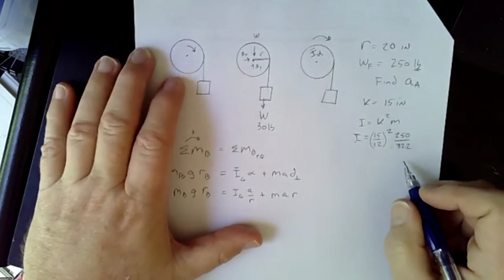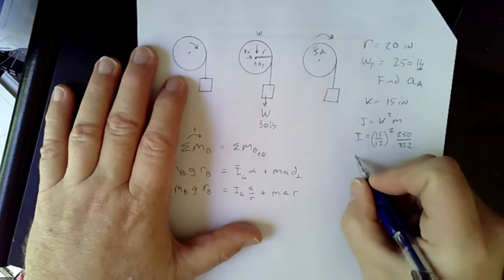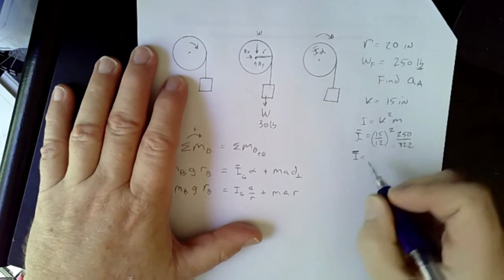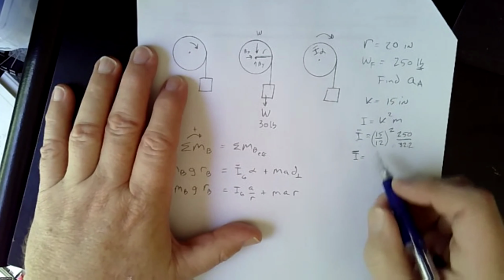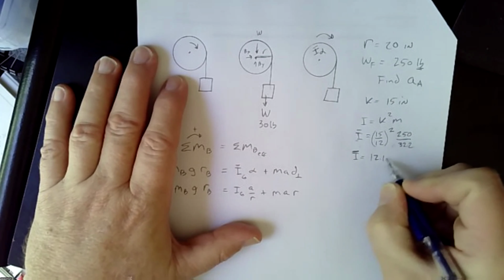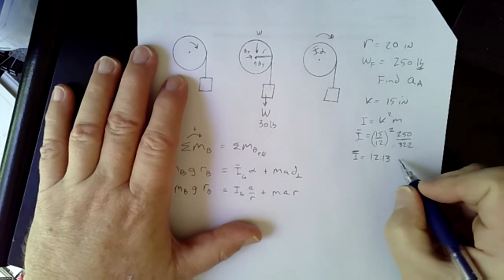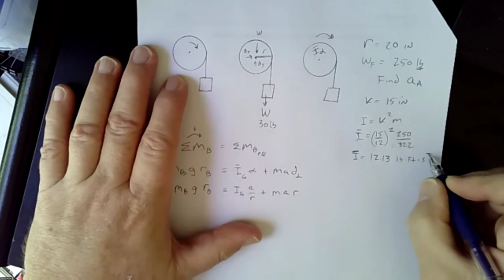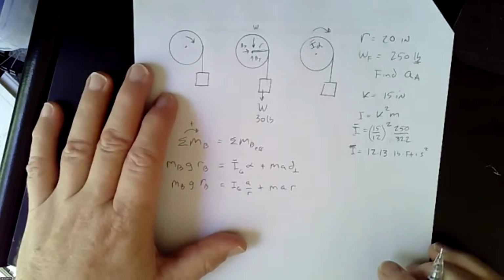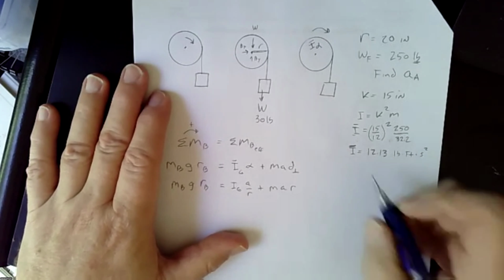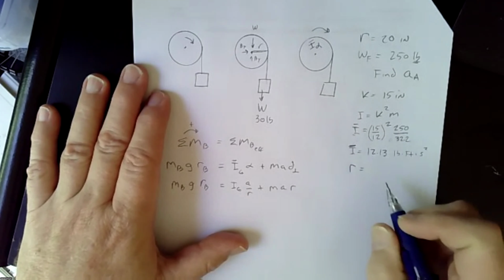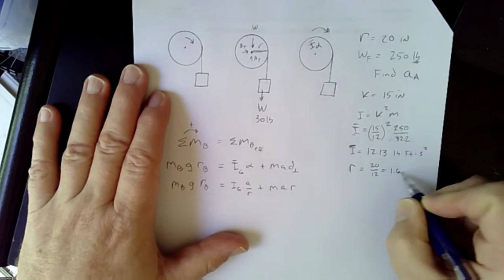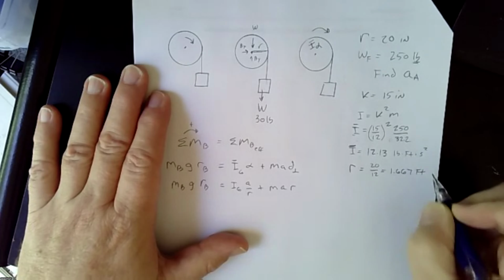Okay. So when the smoke clears, I equals, and usually we designate it as I bar, meaning about the center of gravity, 12.13. And remember the units: pound, feet, second squared. Okay. So there's I. And then, of course, R, we have to convert that to feet. So that's 20 over 12, which gives us 1.667 feet.